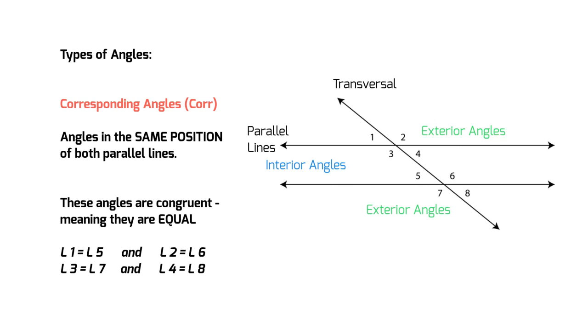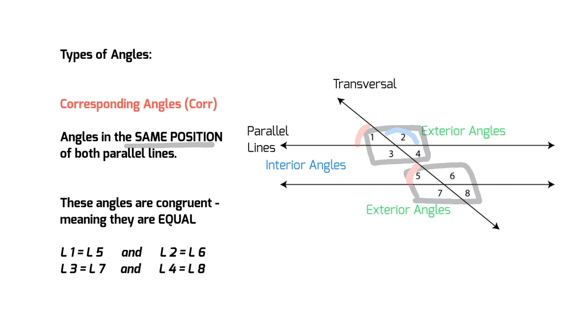The next relationship is called corresponding angles. And corresponding angles is where we are comparing the 4 angles on the top line with the 4 angles on the bottom line. Corresponding angles are the ones that are in the same position. So if I'm looking at angle 1, that is the top left corner, it is corresponding to angle 5 because it is also in the top left corner. 2 different boxes created by the 2 different lines.